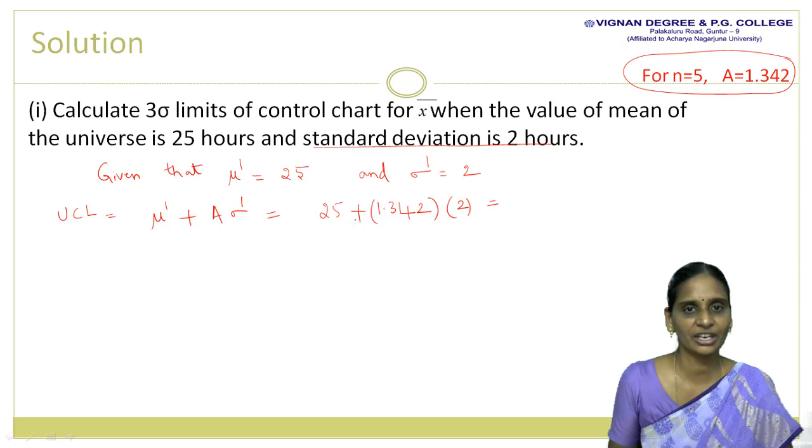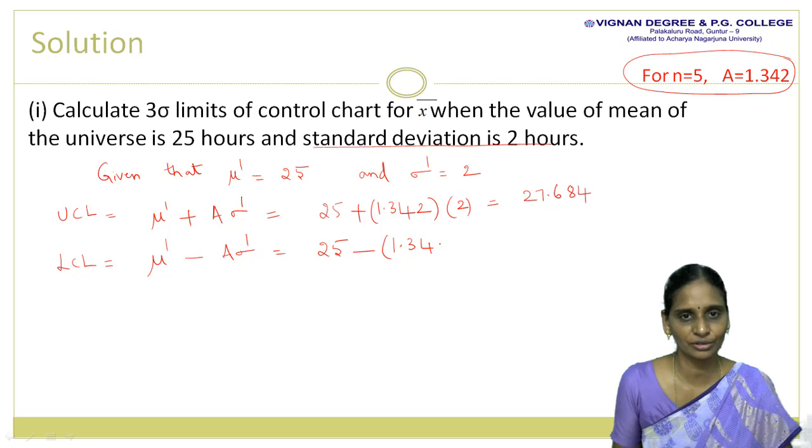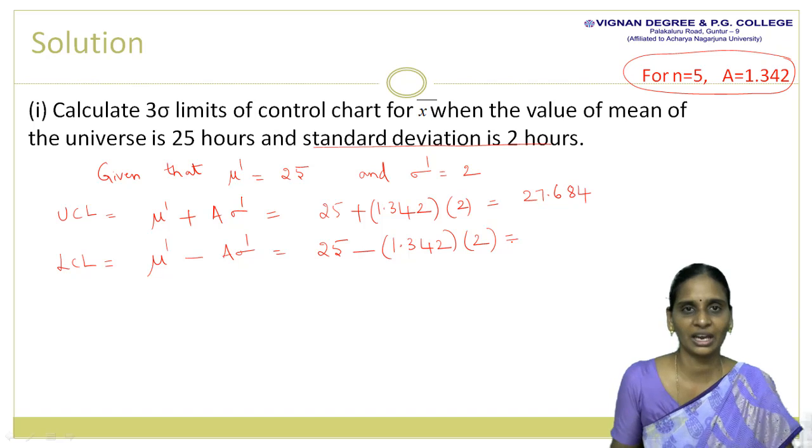By simplification of these values, we get 27.684. And the next one is the lower control limit, mu dash minus A into sigma dash. So the value of mu dash is 25 minus A value 1.342 times the sigma dash value 2. So we get 22.316.